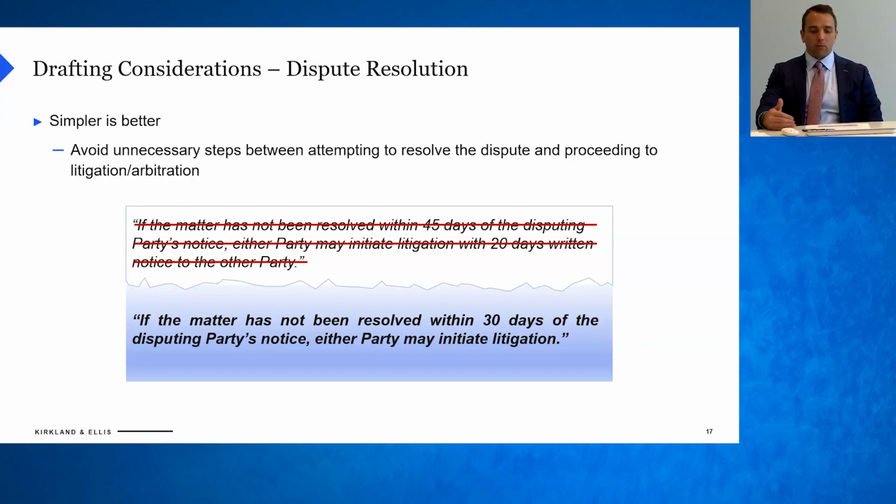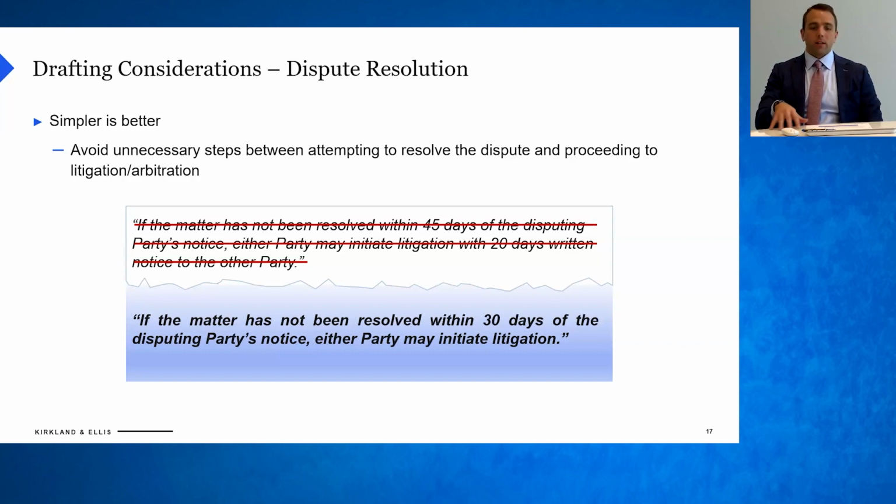The practical problem that I can speak to as a trial lawyer is that by the time a contract ends up in my lap and someone's in that situation, that sort of becomes a moot point, right? And hopefully even after I get a file, we can try to figure out how to resolve it without heading to court.